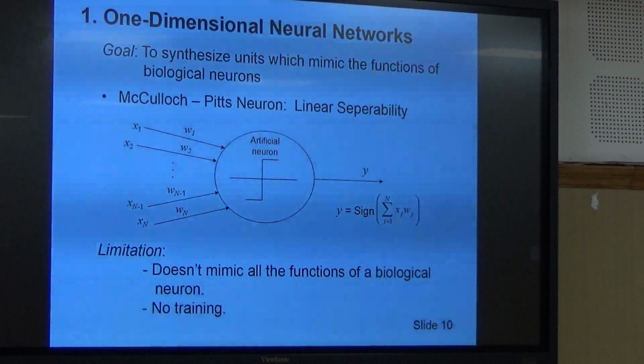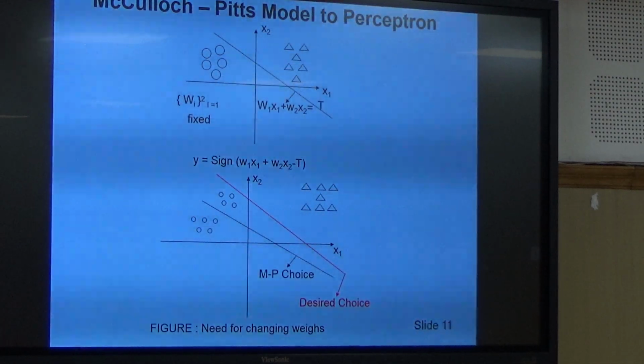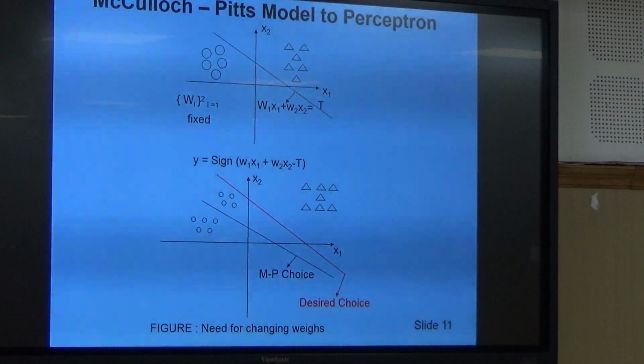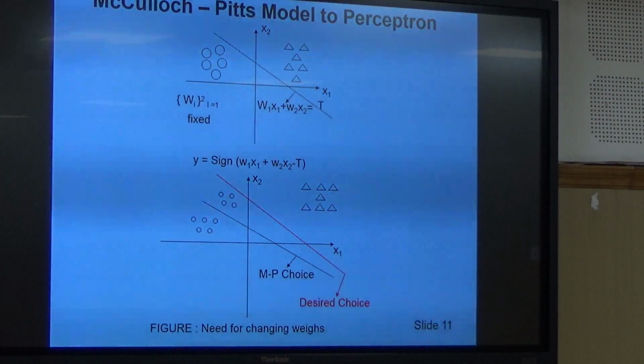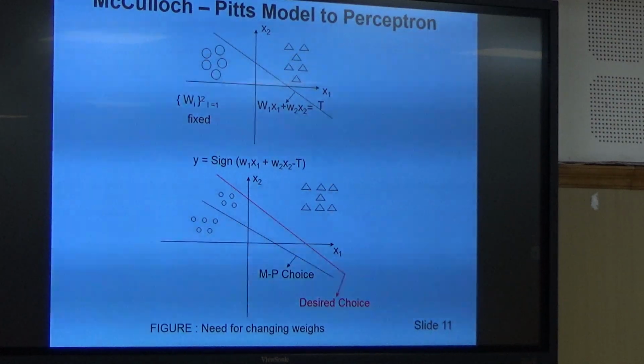So far, as we explained with the diagram, if you are lucky, that initial choice is good and there is no mistake in the classification. But if you are unfortunate, if the initial choice is wrong, then the classifier gives a wrong result.